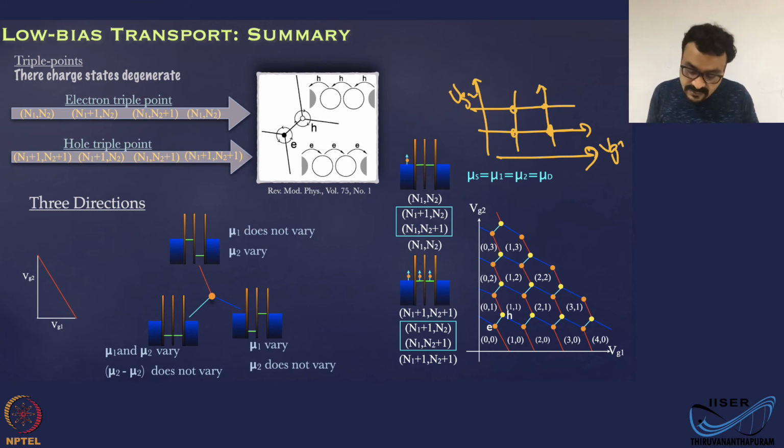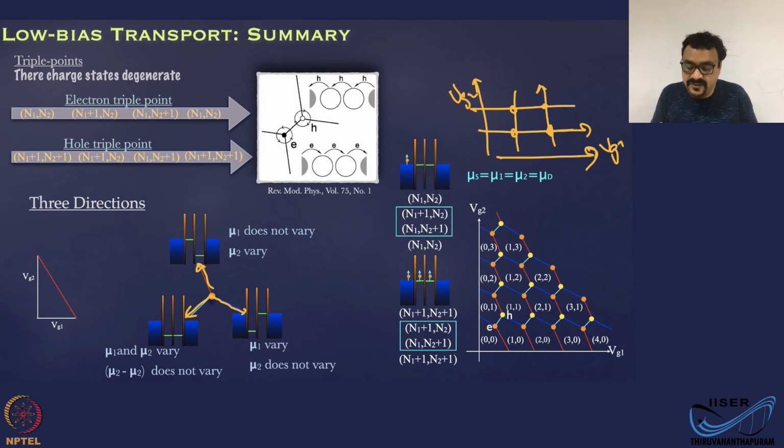But now, after the introduction of these capacitances, you have three directions. If you look carefully, you have a direction this way, and you have another direction this way, and you have three directions in the system. And to go through these three directions, you need to vary the voltage on both gates.